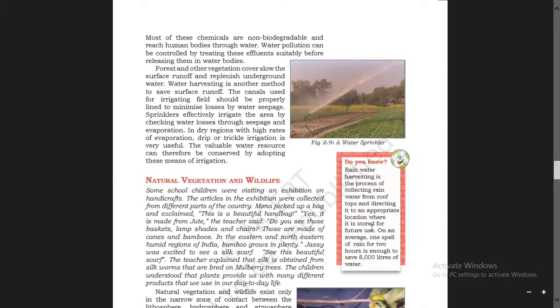So rainwater harvesting is a good process to solve the problem of shortage of water. On an average, one spell of rain for 2 hours is enough to save 8,000 liters of water. If we practice this rainwater harvesting, it will be very helpful for us.